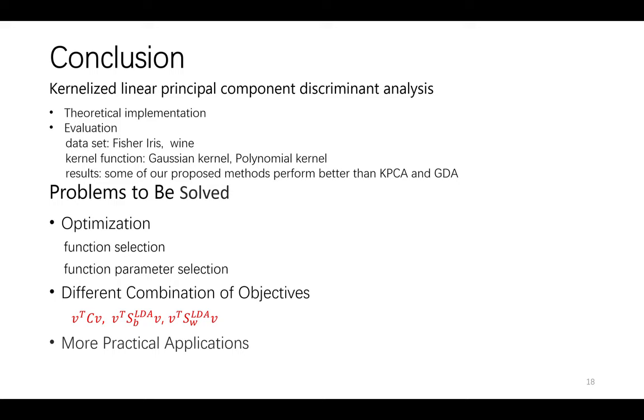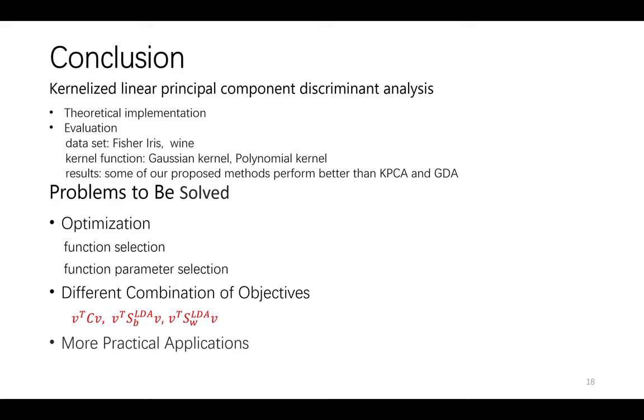And in LPCDA, the author received 7 methods by the linear combination of 3 objectives, and we can explore if there are some other combinations of objectives to receive some other new data analysis methods.